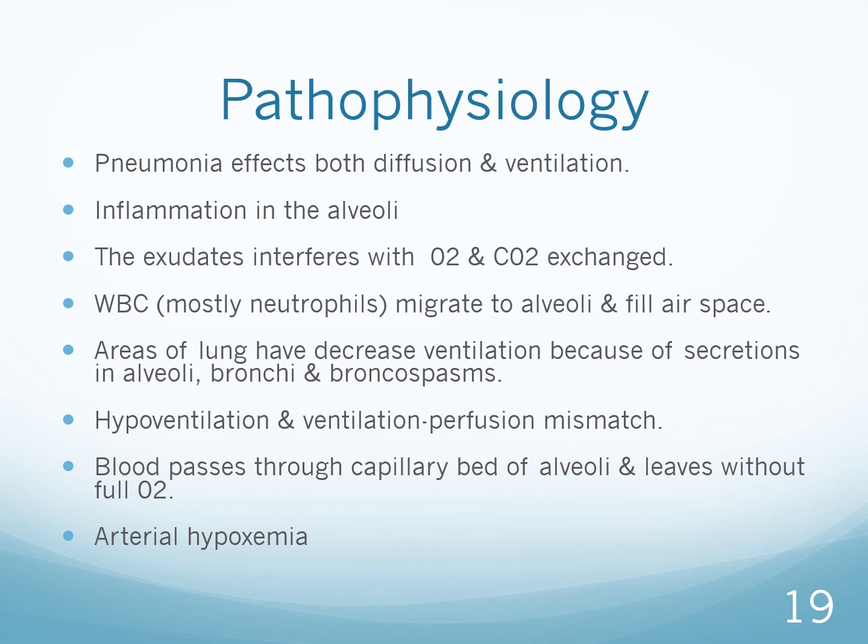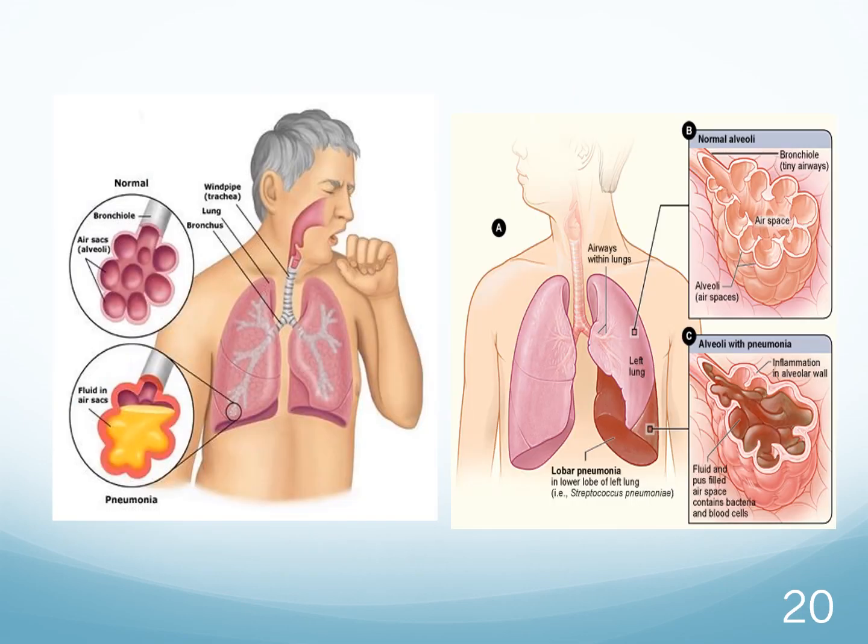The lung has decreased ventilation because of secretions in the alveoli, the bronchi, and because of bronchospasms. Now you are beginning to develop arterial hypoxemia. The blood passes through the capillary bed of the alveoli and leaves without any O2. Seen again in that picture with increased exudate in the alveolar passageways.